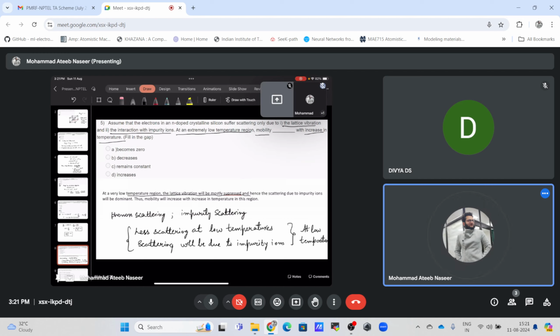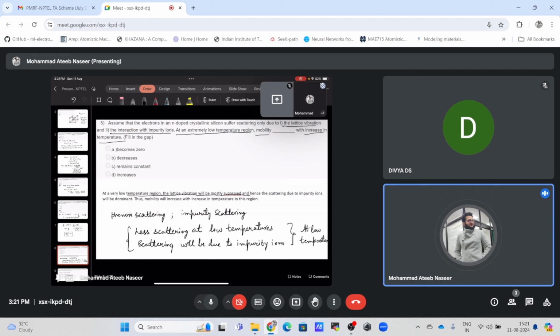Now if we increase the temperature, at low temperature I am talking about, then the electrons will spend less time around that impurity scattering event, because that impurity scatterer will have less interaction with the electron now, because the electron has some more energy.